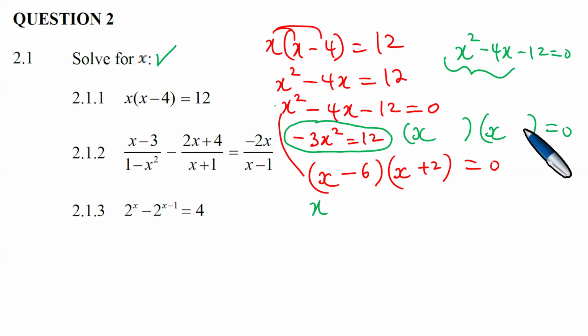We need numbers so that if we add them up, we get minus 4, right? So what are the numbers that we can put here and here?